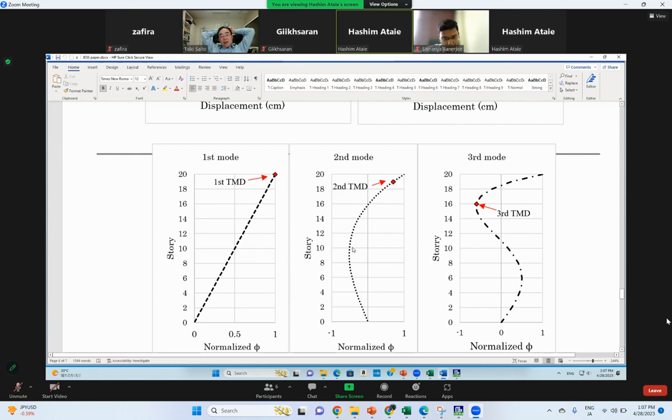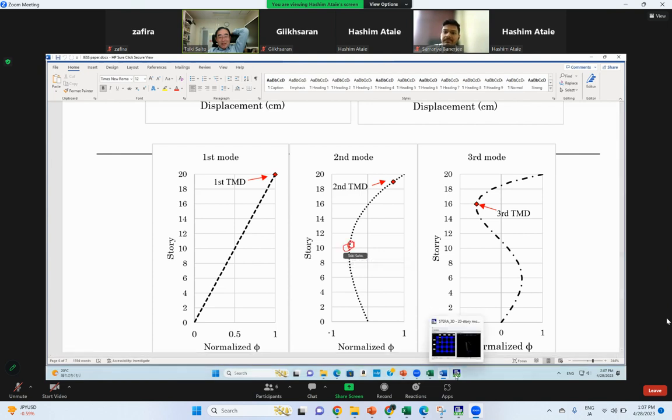You can move the location gradually lower and check which one is most effective. Well, okay, please try. You put another one lower.